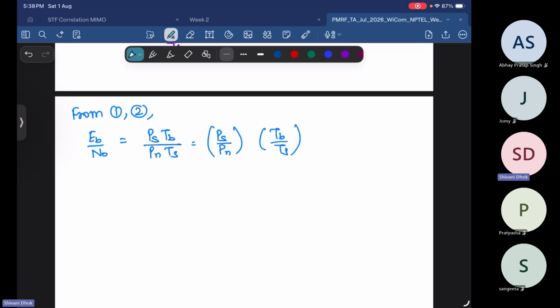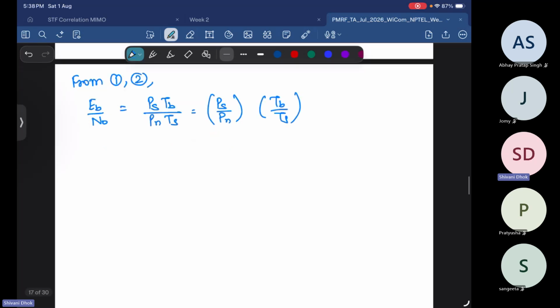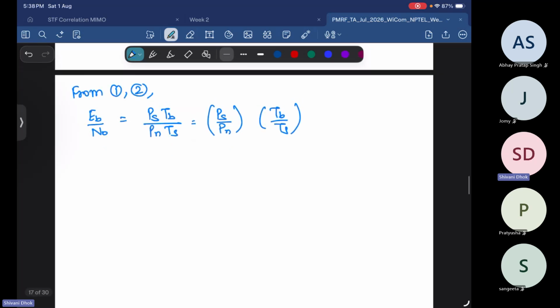The second term is the ratio of bit duration to symbol duration. So now if one symbol has k bits, then it implies that Ts is k times Tb.